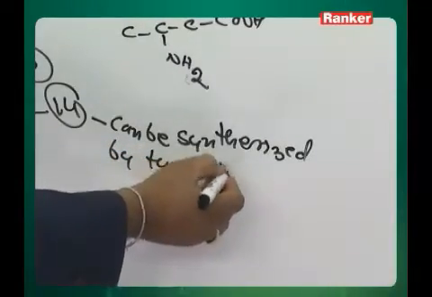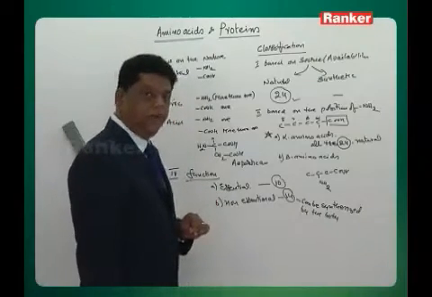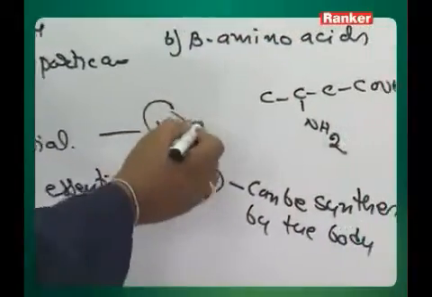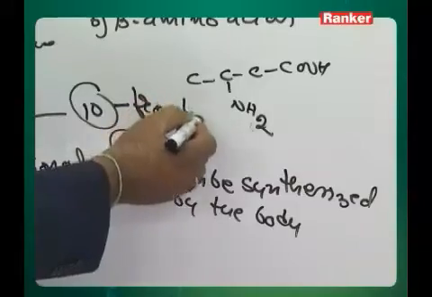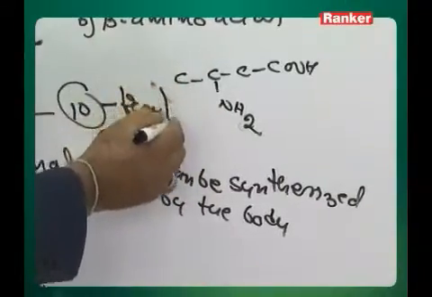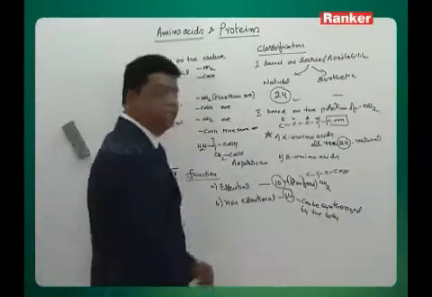So, therefore, you need not take them in the food, whereas essential ones cannot be synthesized by the body. Therefore, the only source for the essential ones is food. From the diet only we are getting these essential ones.